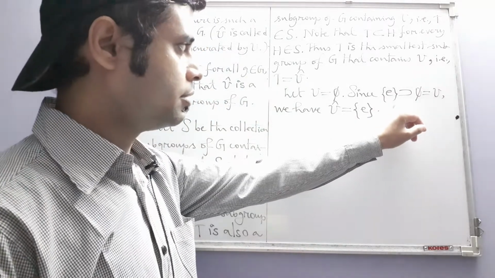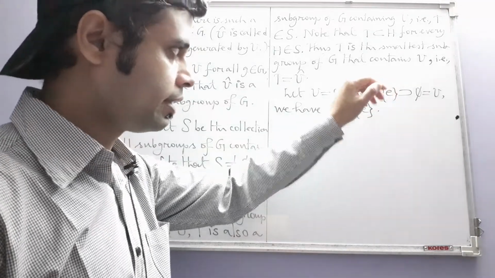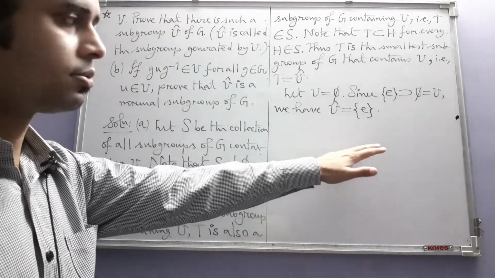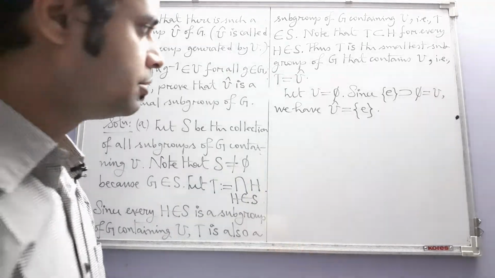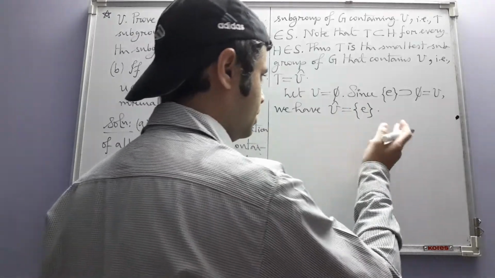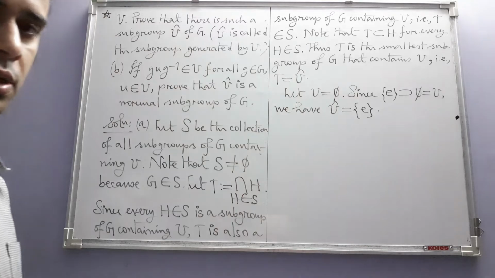Because this is the smallest possible subgroup of G, and that itself contains U. So clearly it's also the smallest subgroup of G containing U. So by the very definition of U hat, in this particular case U hat is equal to E.